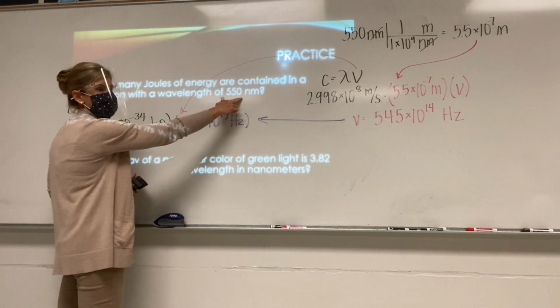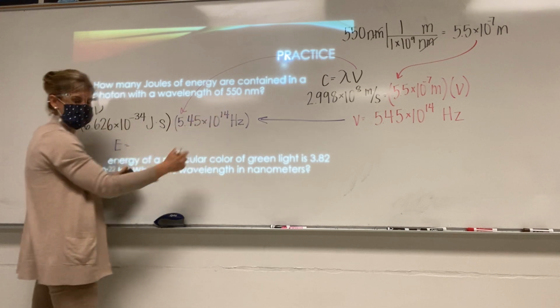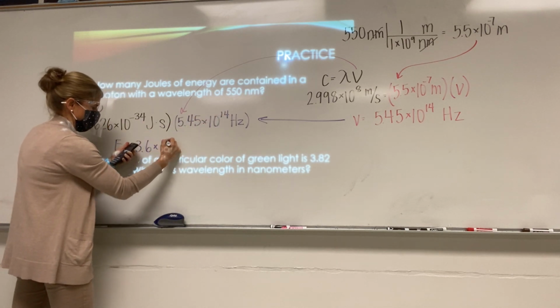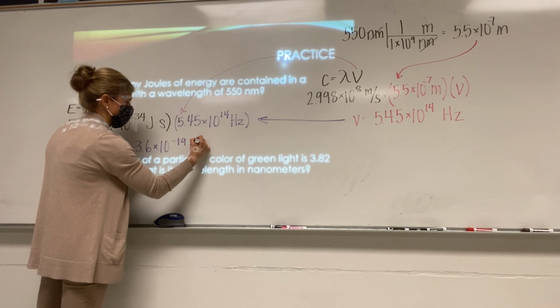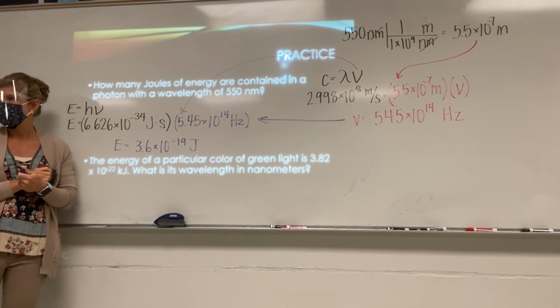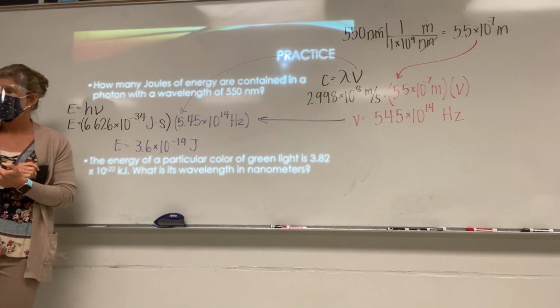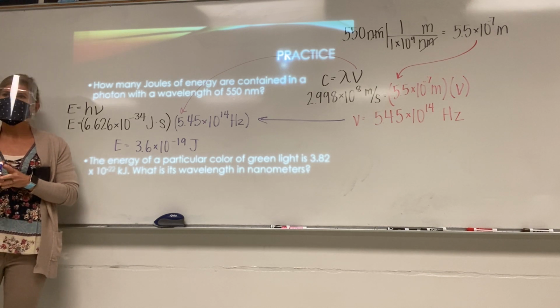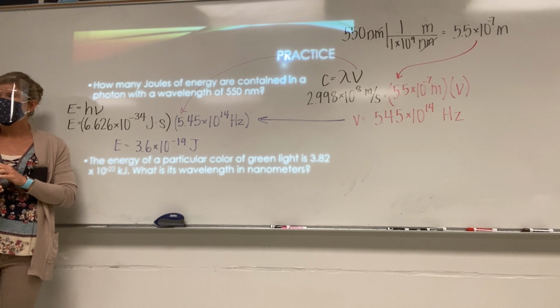Just 2, right? That 0 is a placeholder. So just 2. You get 3.6 times 10 to the negative 19th joules. Any questions on that? Y'all feel good about it?